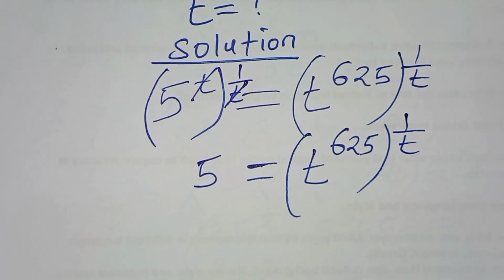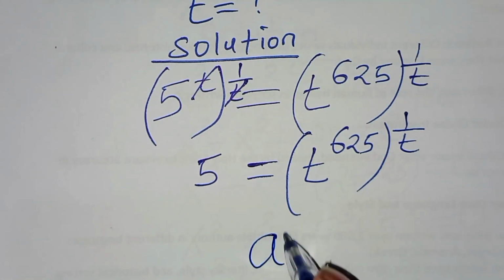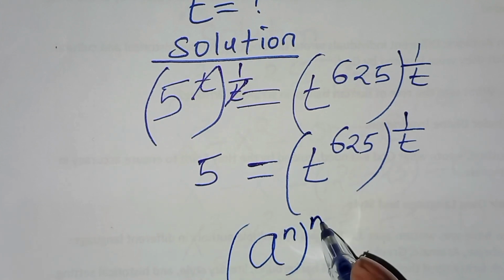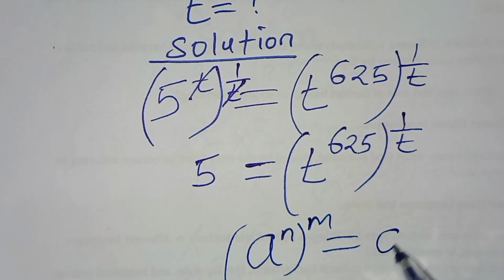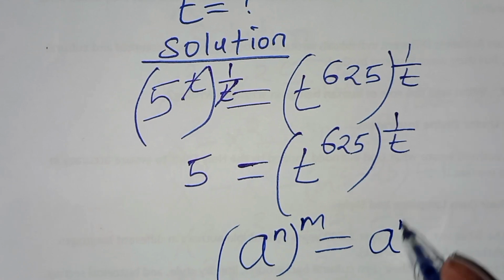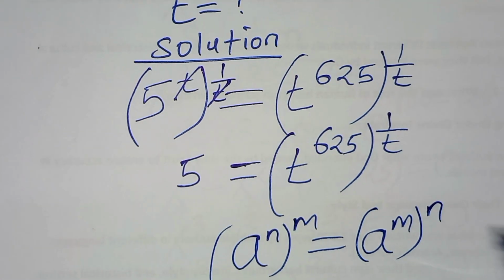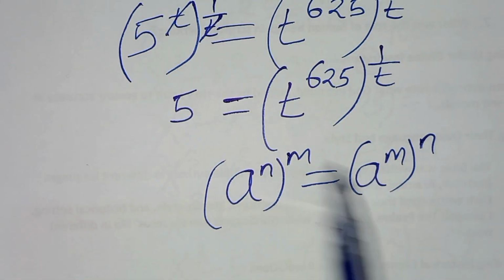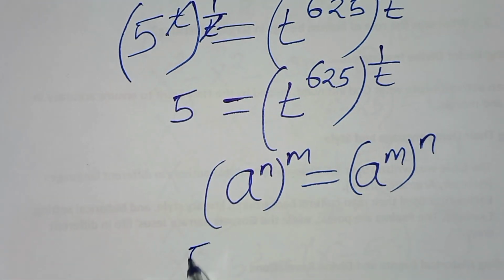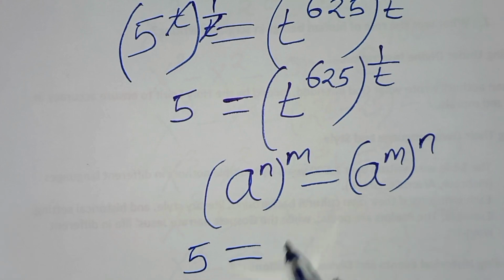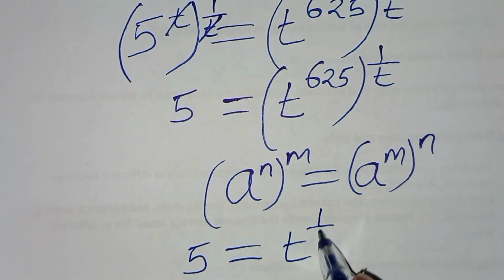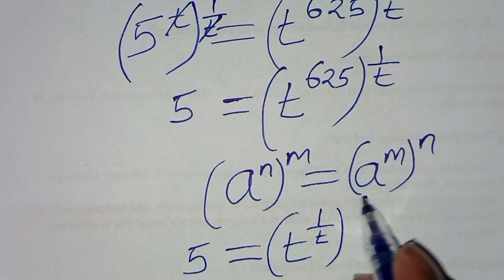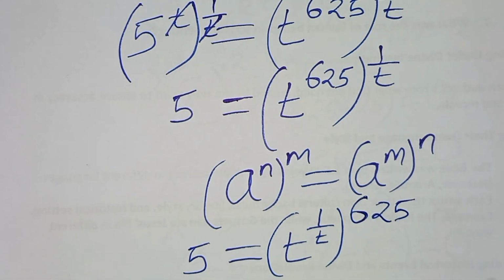The next step: if you have a to power n raised to power m, this can be expressed as a to power m raised to power n. Applying this exponent property, it follows that 5 is equal to t to power 1 over t raised to power 625.